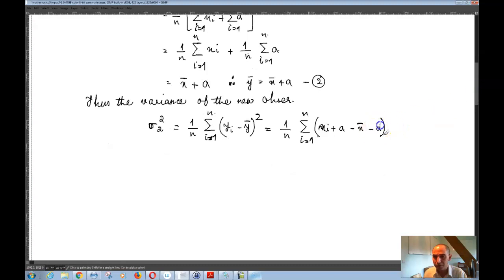That means that these two will be cancelled out, so that is basically 1 over n sigma of (x of i minus x bar) whole squared as i goes from 1 to n, which is equal to sigma 1 squared. Thus the variance of the new observations is the same as that of the original observations.